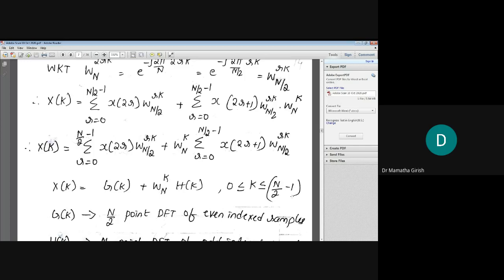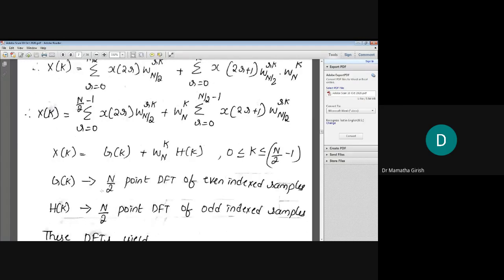It is not N minus 1 because we have decomposed the N point DFT into two N by 2 point DFTs. That's the reason. So what is G of k? It is not N point, but it is N by 2 point DFT of the even index samples of my original sequence.